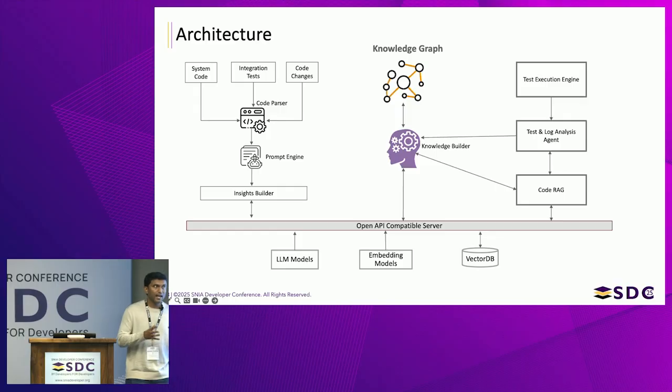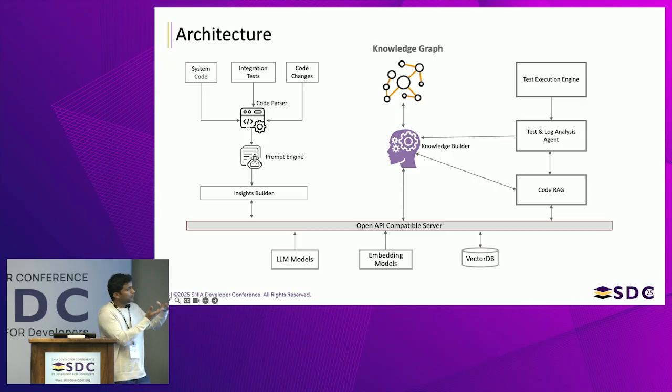And can the LLM generate the rich context in one single query? No. That is where we have the insights builder to use multiple predefined prompts to extract more and more data from the code, and we build that code block. Once we have this code block, we try to embed the data and then store it to the vector database.